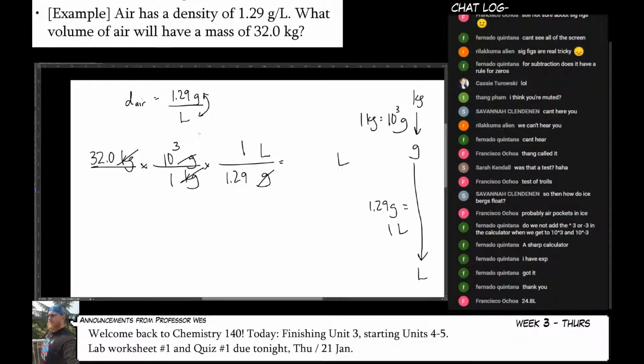So 32 times 1,000 divided by 1.29. So the volume I got was 24,806 liters, which would be 2.48 times 10 to the 4 liters.